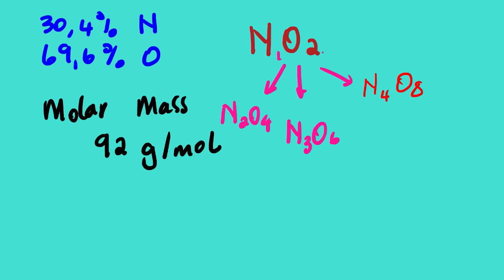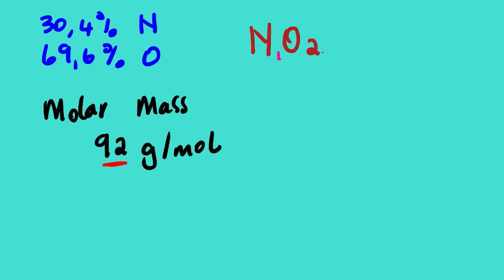So we need to calculate the empirical formula with respect to this molar mass, I mean molar mass, not molecular formula. So we are going to find the molecular formula using this molar mass. So according to the question, this molar mass is the molar mass of that certain molecular formula.